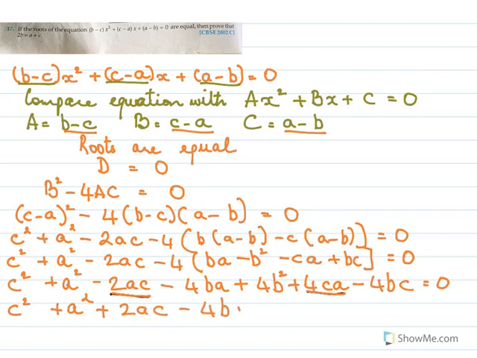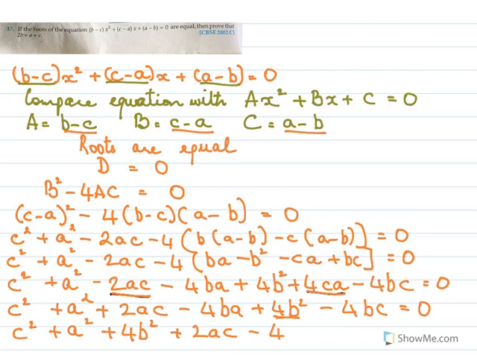The rest I just copy out: plus 4b square minus 4bc equals 0. I'll rearrange this so you have c square, and you will know why I have rearranged later. This 4b square I'm going to write here, and the rest I will write: 2ac minus 4ba minus 4bc equals 0.